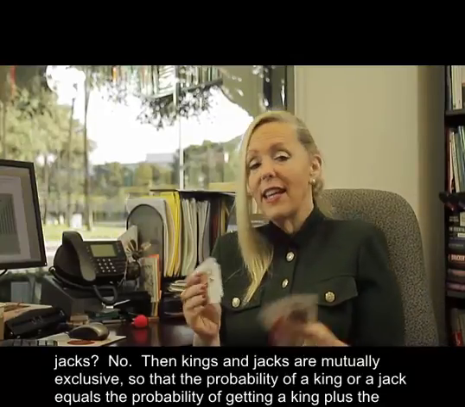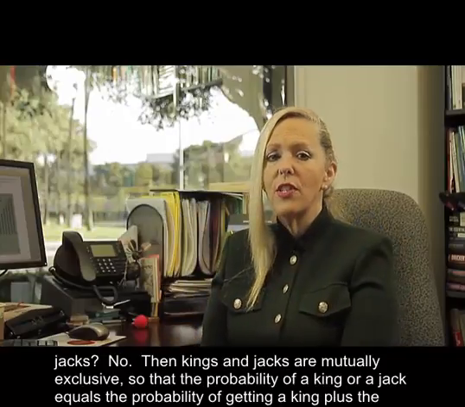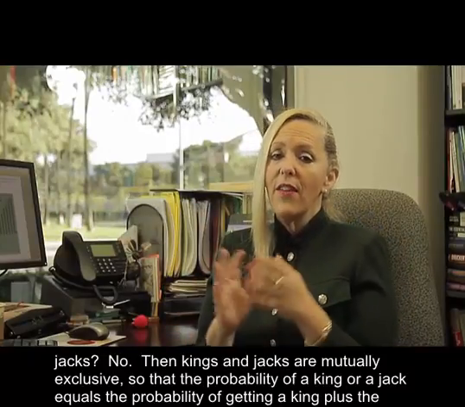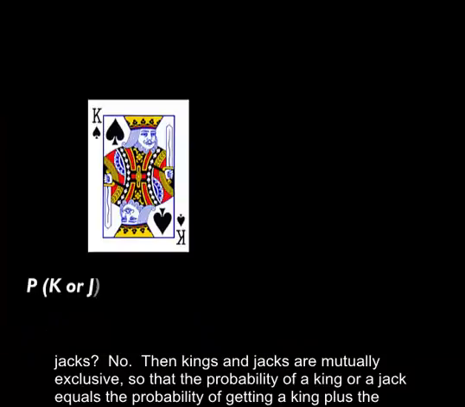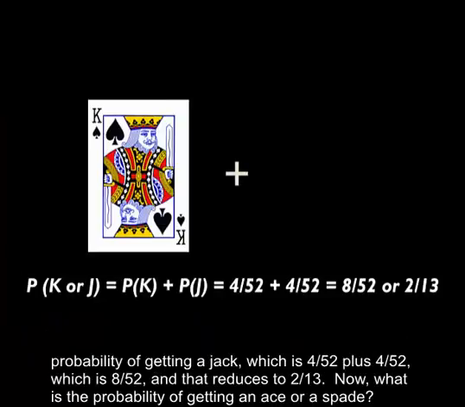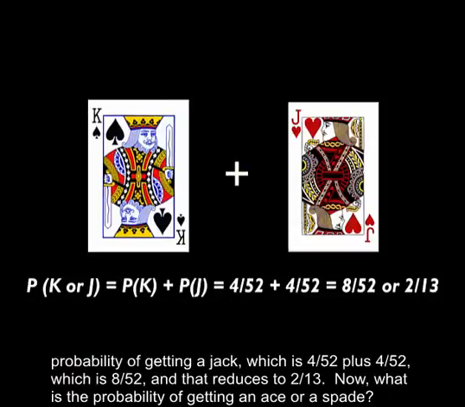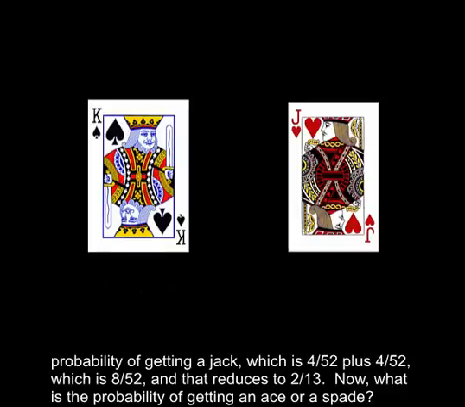No. Then kings and jacks are mutually exclusive, so the probability of a king or a jack equals the probability of getting a king plus the probability of getting a jack, which is 4 out of 52 plus 4 out of 52, which is 8 out of 52, and that reduces to 2 out of 13.